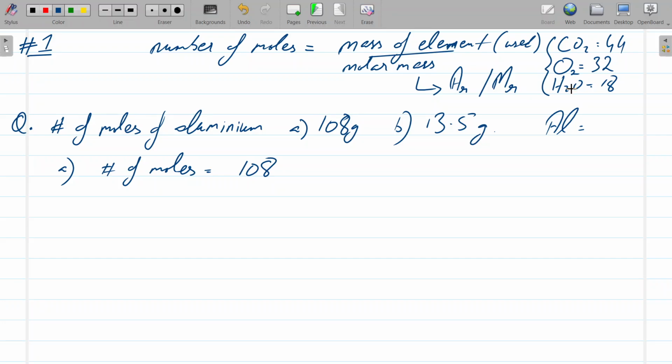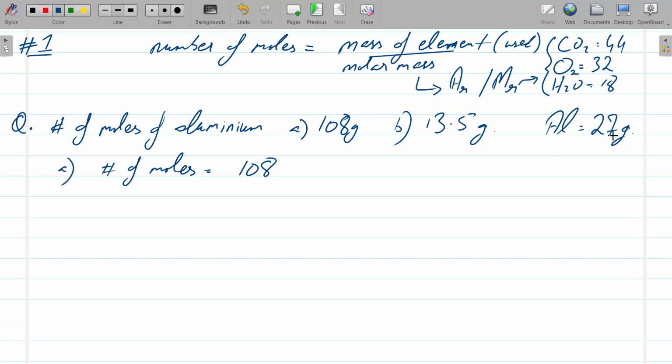And these are examples of relative molecular masses. So relative atomic mass, for example, if you take a look at the periodic table, the mass of aluminum is 27, and we take that as actual mass in grams.